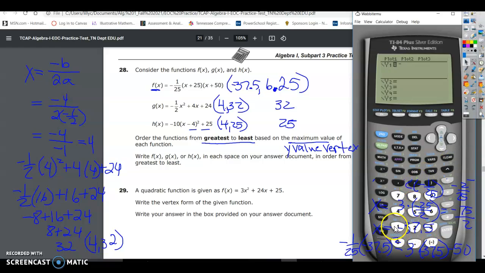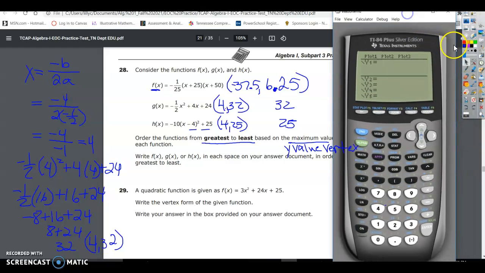So negative 1 over 25. It's not letting me use my calculator properly. Let me get rid of some more of this writing here. Maybe if I can see it a little bit better, that would help. Okay, try it one more time.